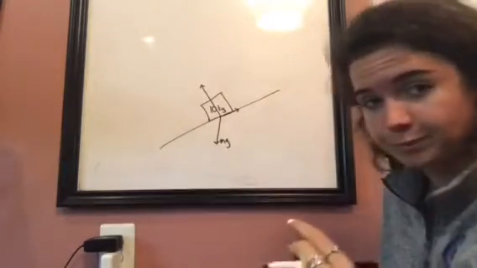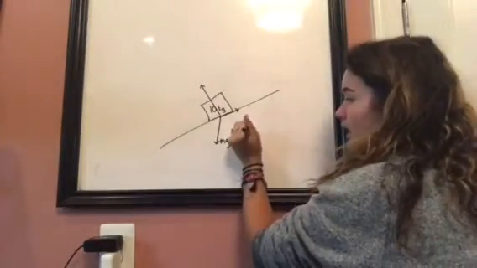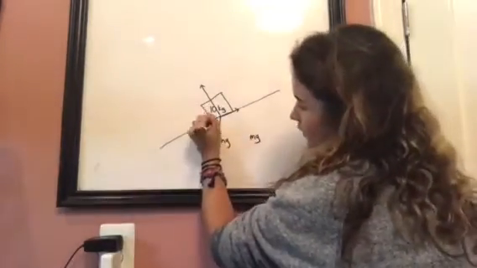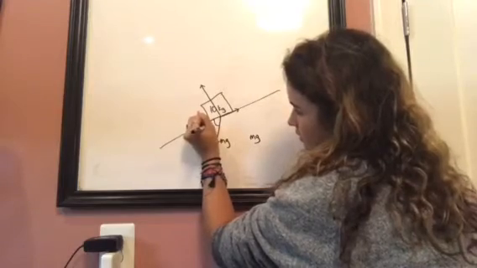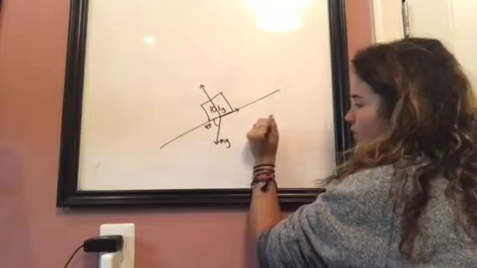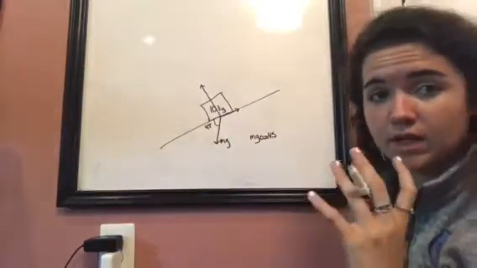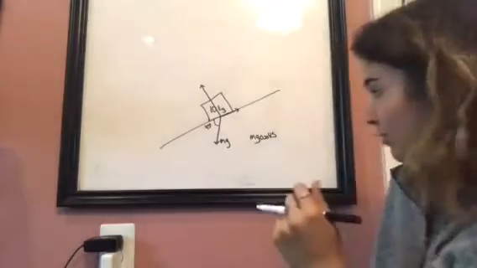So if we were to do the same type of calculations as we did last time, it would be mg, and we'll make this angle 45 degrees again for simplicity. Mg cosine 45, and we want the box to be in static equilibrium, so we're not going to have it move.